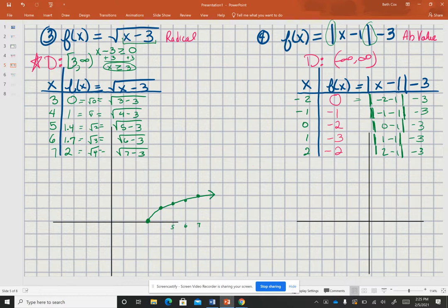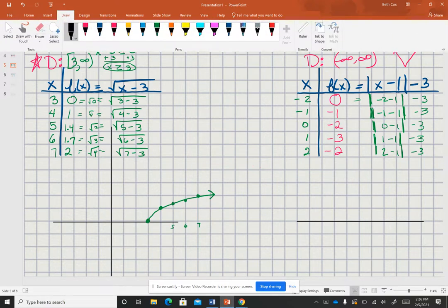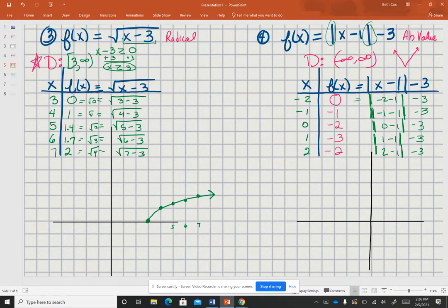Now remember, this has to look like a V. If it doesn't look like a V, then I've got to do more numbers. So let's get going. So negative 2, 0. I don't like that. Let me move that. Let me put that better. It's not going to be as straight. Okay, so negative 2, 0.